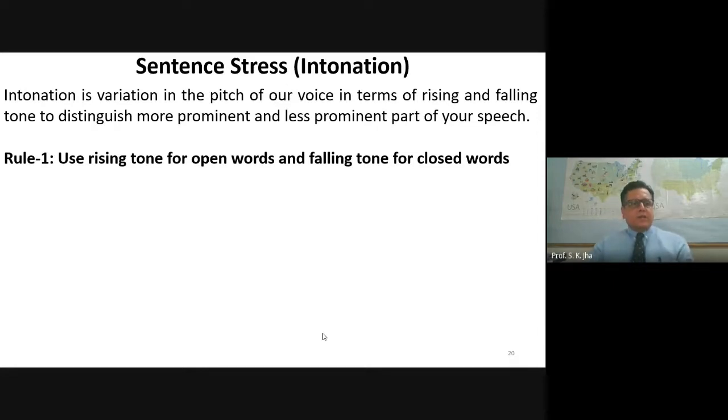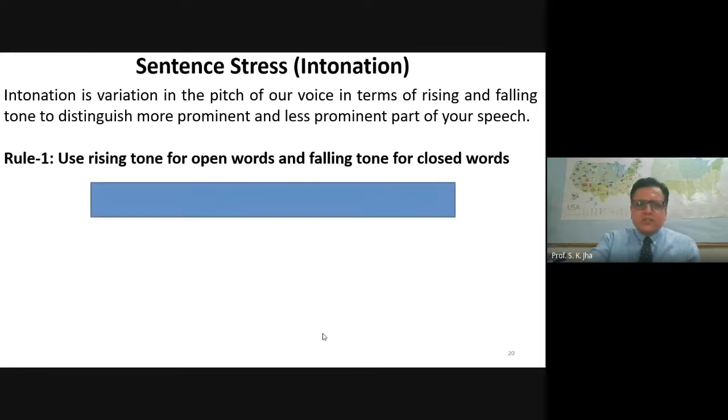So rule 1 says that use rising tone for open words and falling tone for closed words. Now, what is this open words and closed words, by the way?